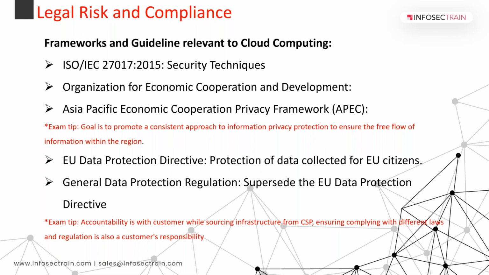You cannot say that my data is stored in AWS, so AWS is responsible. You can pass that risk to a cloud service provider only by having a proper contract in place. Otherwise, you cannot. Because if you are a bank or any organization which deals with customer data, it's ultimately your responsibility to secure that data.